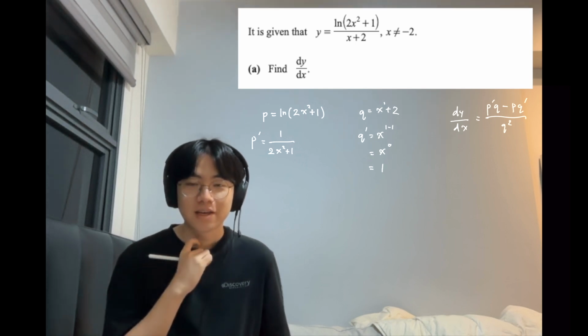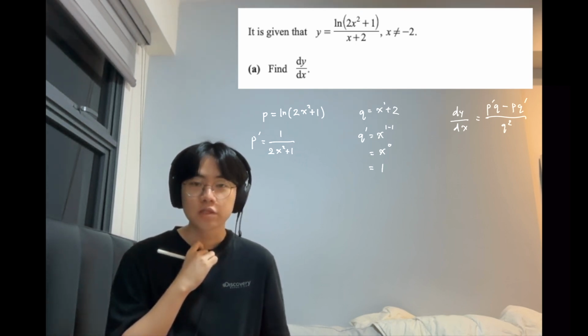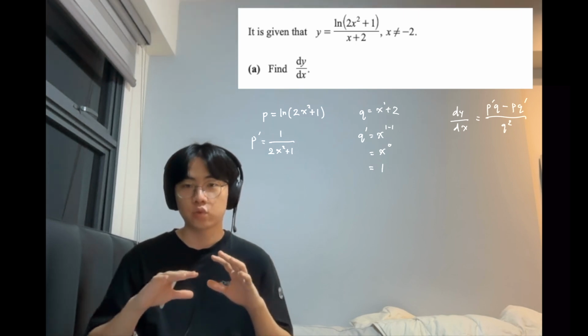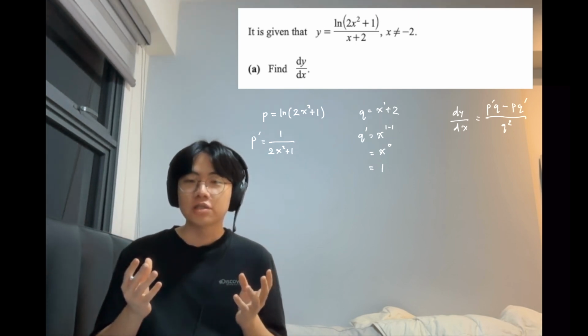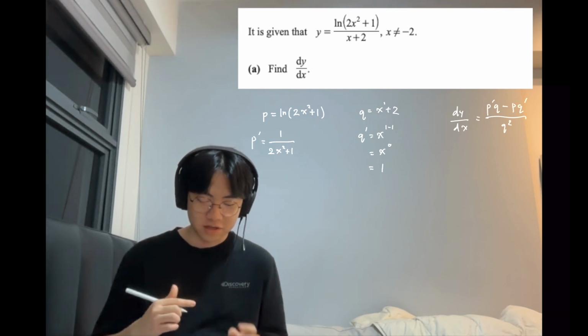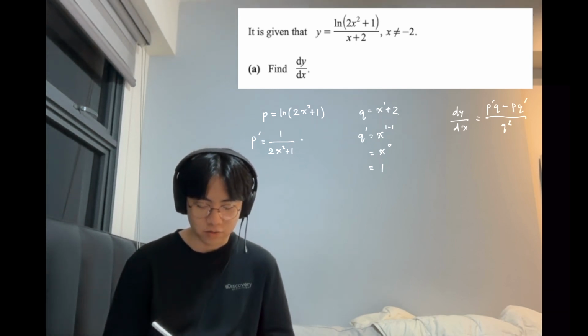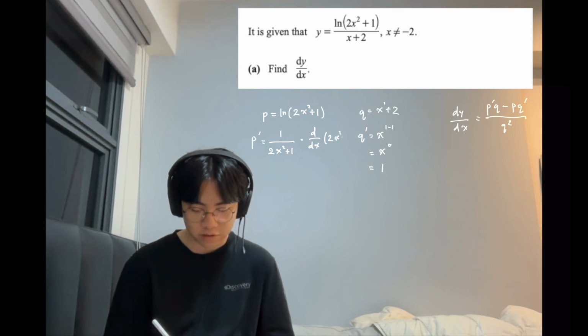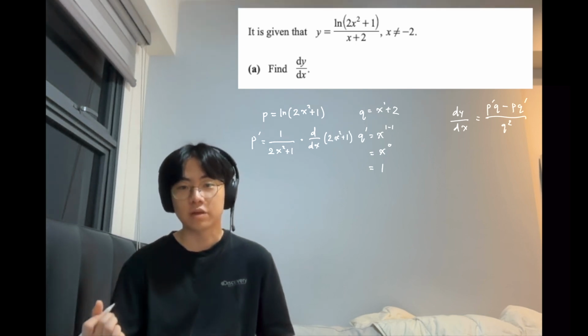That is the first part. Then, once you have differentiated with respect to whatever is outside, you just need to differentiate everything inside and then multiply it. So now I'll differentiate everything inside, which is differentiating 2x² + 1. And this is pretty manageable, right?